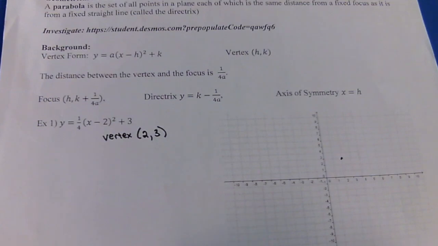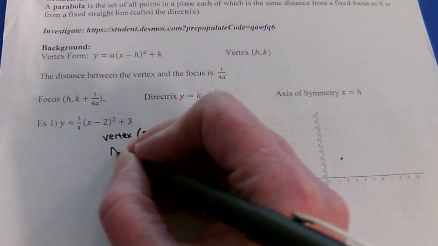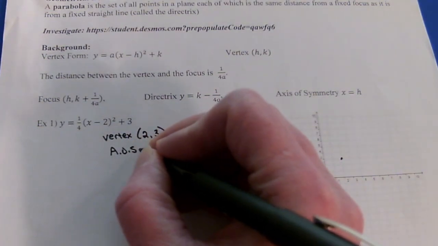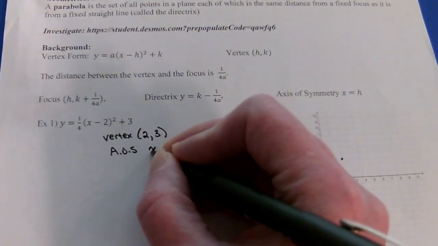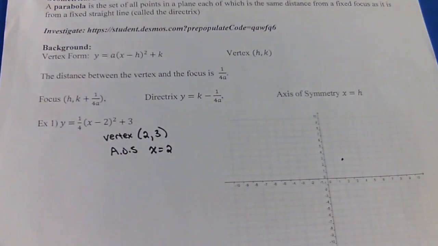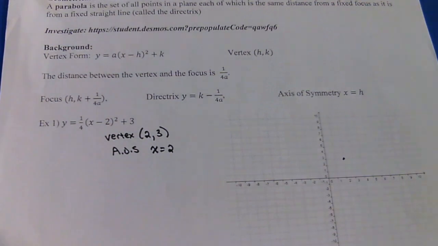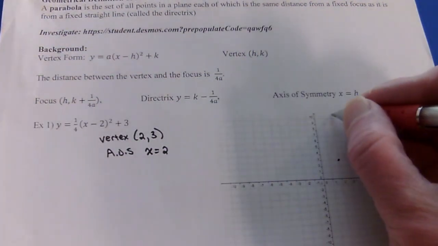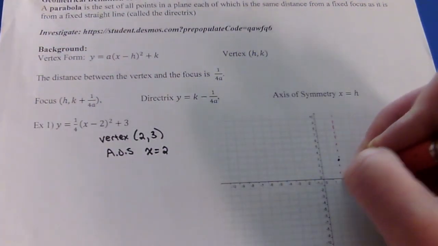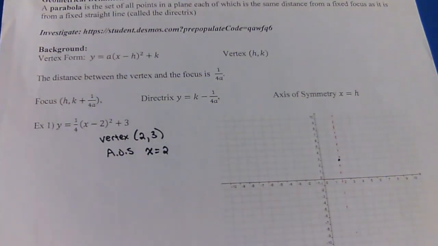I also know my axis of symmetry, my AOS, is going to be x equals 2. It's that vertical line going straight down the middle. But here's where, using this focus and directrix, we can really get more in depth.